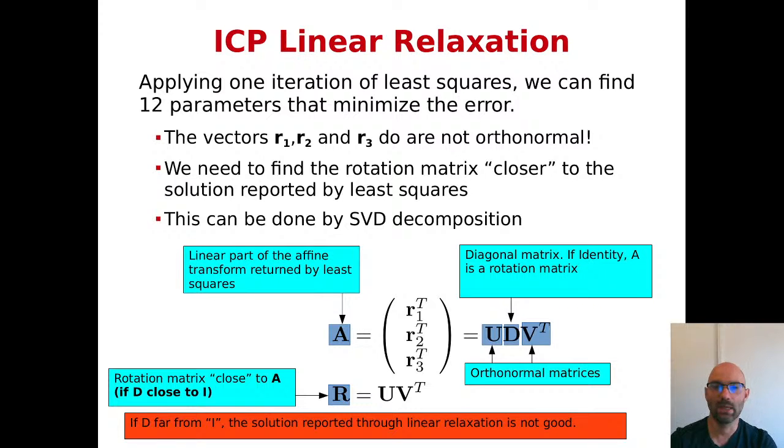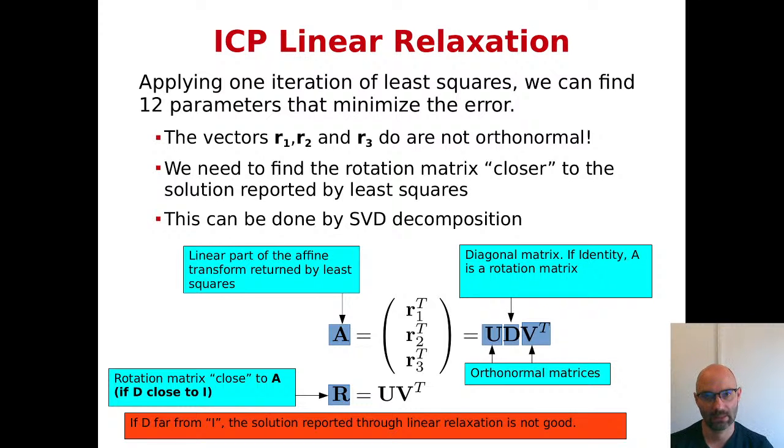So this formulation of least squares will just produce me an R and a T, but R is not guaranteed to be a rotation matrix, and in general it will not be. It would be a rotation matrix only if the three vectors R1, R2 and R3 are orthonormal, which means that multiplied by itself makes 1, multiplied by any of the other two makes 0.